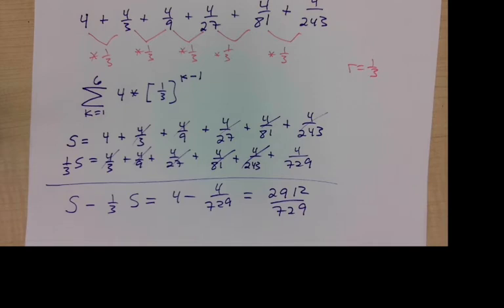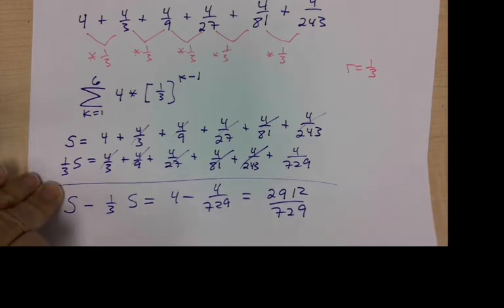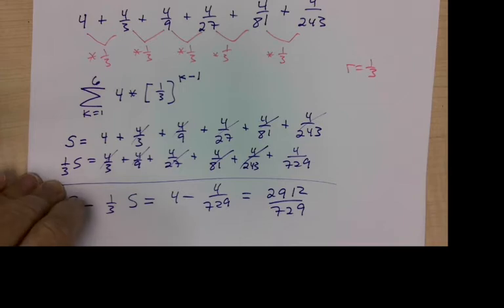So let's generalize that. We've seen how we can add the first 6 terms that way. So let's take a look at our general form for a geometric series and see if we can generate a rule for the sum of the first n terms.